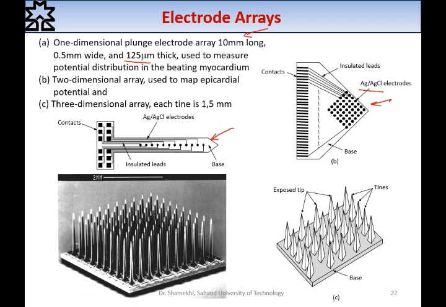And also we can make some electrode, depth electrode, like this, to record from the depth of the tissue, but these electrodes are two-dimensional array electrode, and using this type on each beam of this electrode will provide a three-dimensional array electrode.